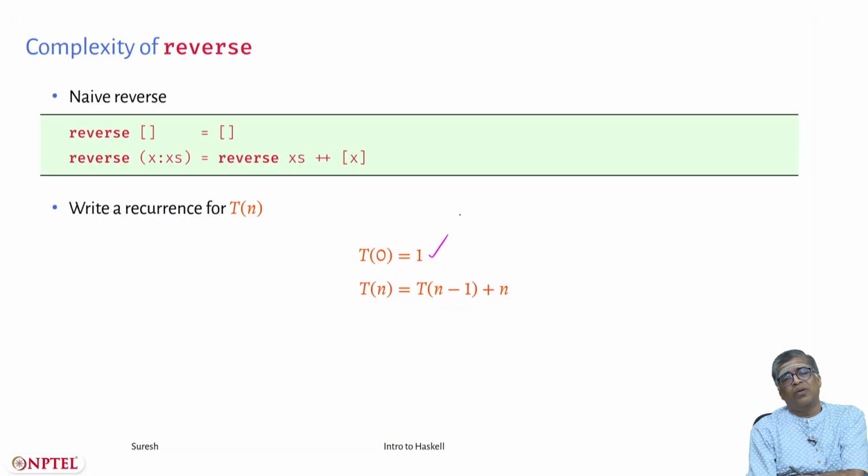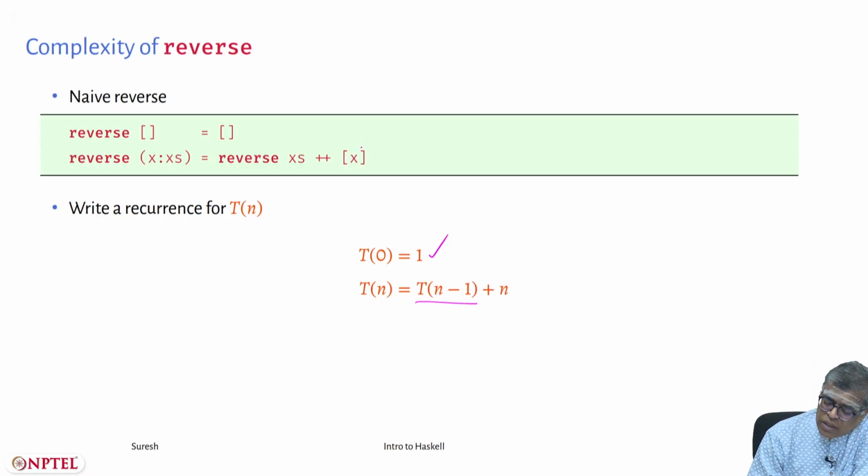T of n, if I have a list of length n, to reverse it, I will reverse the tail, which takes time T of n minus 1, and then I will have to do plus plus and put this singleton x at the rightmost, but this takes time proportional to the length of the first list.